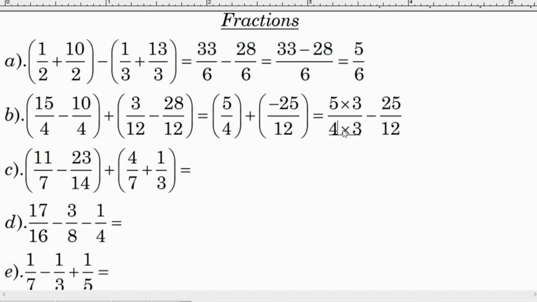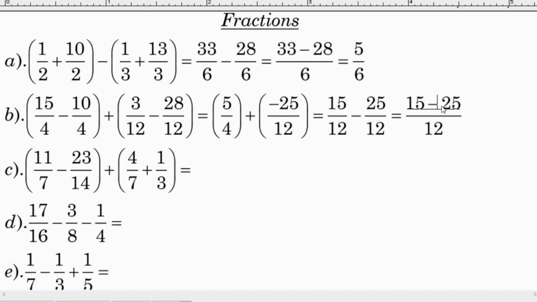Okay, so 3 multiplied by 4 equals 12. 5 multiplied by 3 equals 15. So then we just take 12 as the same denominator, and then 15 minus 25. That will be equal to minus 10.